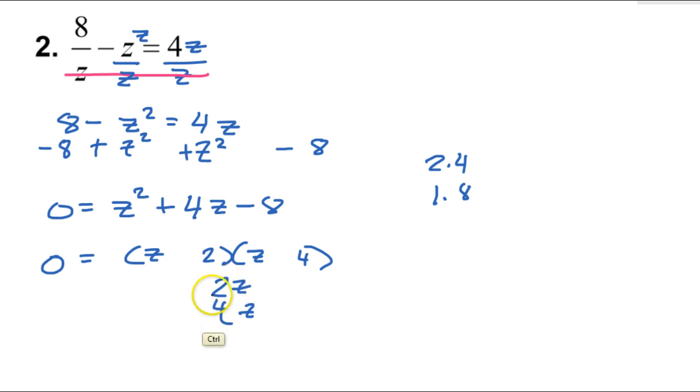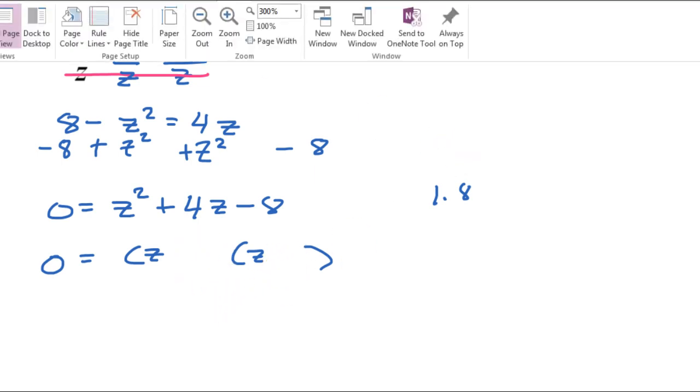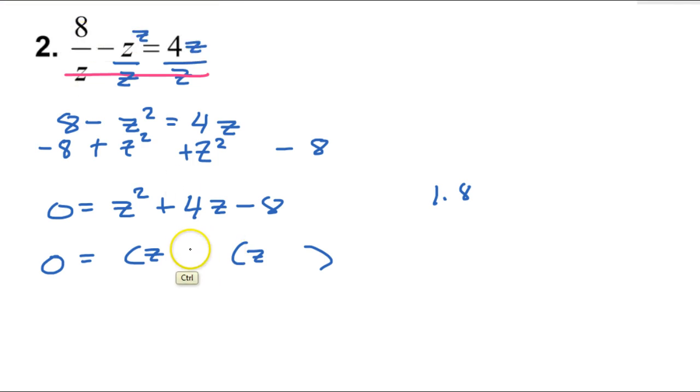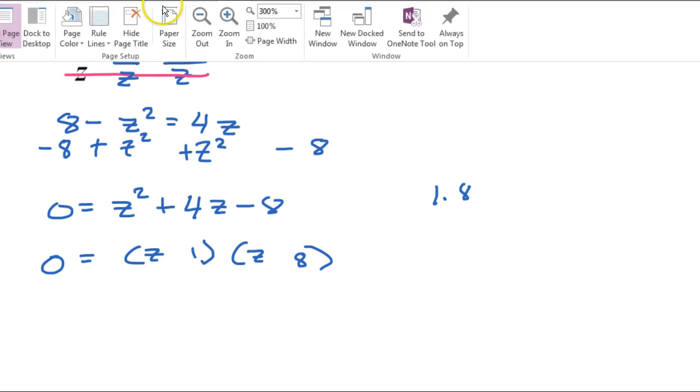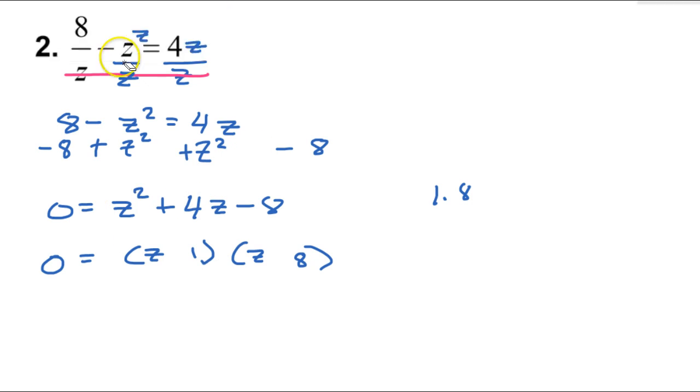All I can do is control the signs. There's no way I'm going to get a positive 4z out of this. And it's just as bad if I try 1 and 8. There's no way I'm going to get a 4z out of that. So this is unfactorable. So I have two choices.